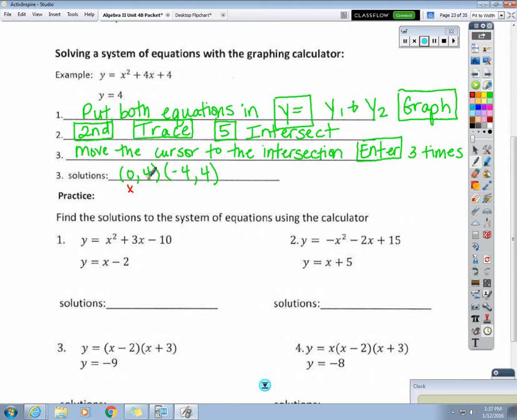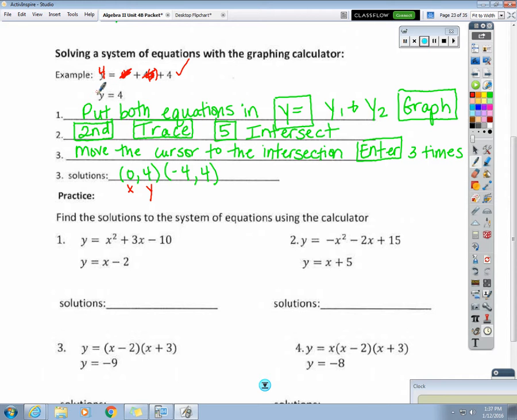And the 4 is actually the y value. So if I take the 4 and put it in place of the y, if I take 0 and put it in place of these x's, what's 0 squared? 0. What's 4 times 0? 0. So you end up with 4 equals 4. Is that a true statement? Yes. So this point worked in this first equation.